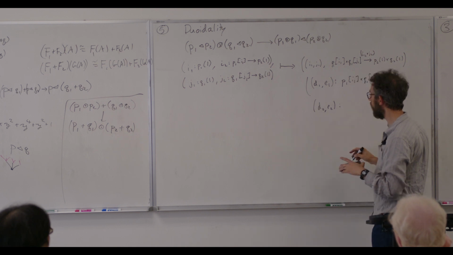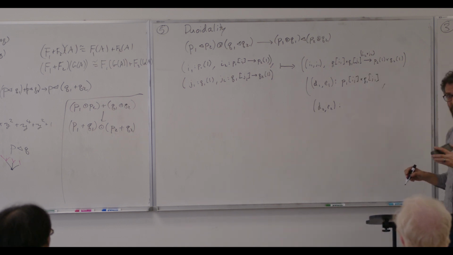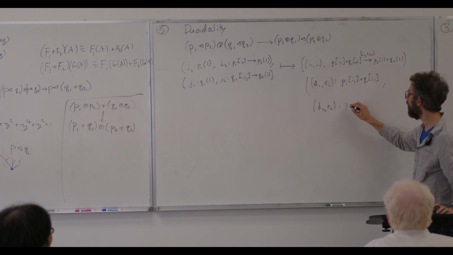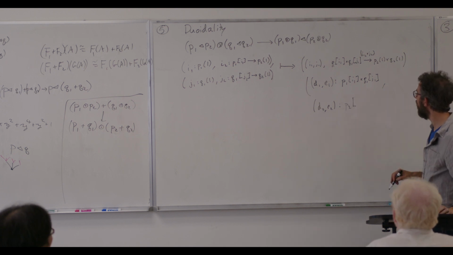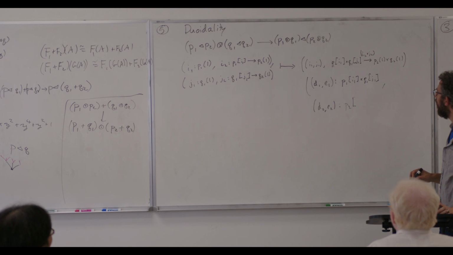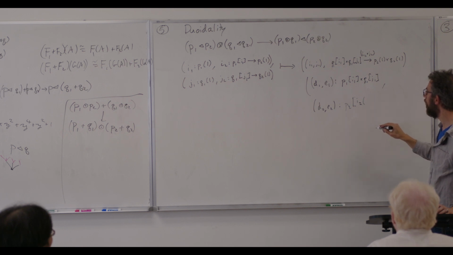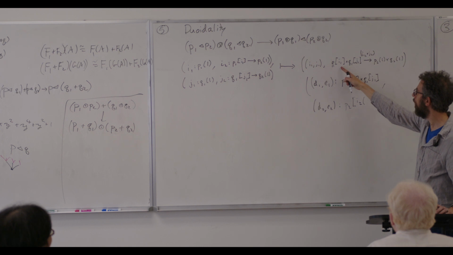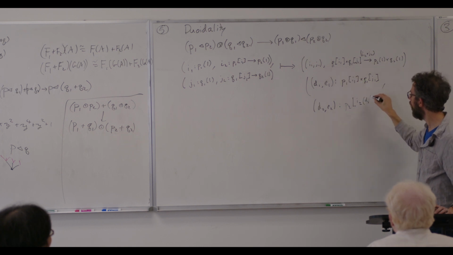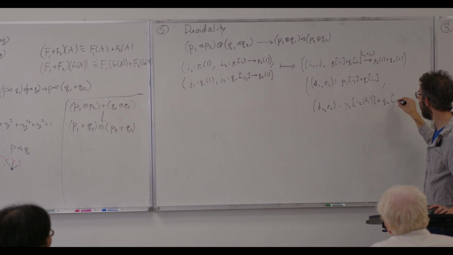Anyone know the type of this thing? P2 square bracket, and then we need a position of P2, so we're going to get it from I2. But we need to plug in something. We need to plug in a direction of I1, which is D1. Times, and the same thing but with the Q's.